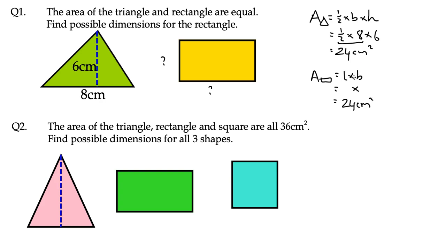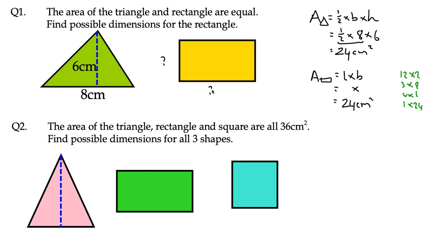So remembering that we just need to find one number multiplied by another makes 24. There's a variety of answers that it could be. Can you think of what numbers could go there? Well, okay, it could be 12 times 2, or 3 times 8, or it could be 4 times 6, or 1 times 24.